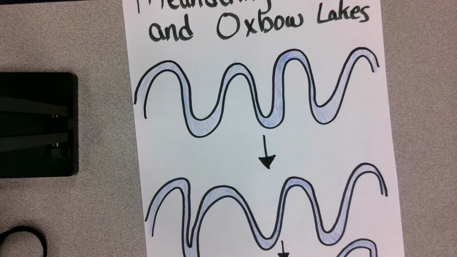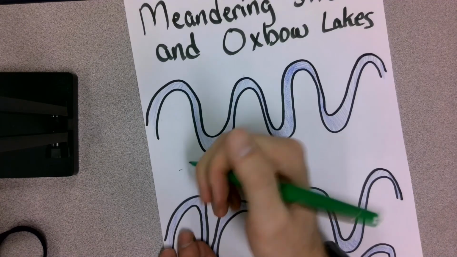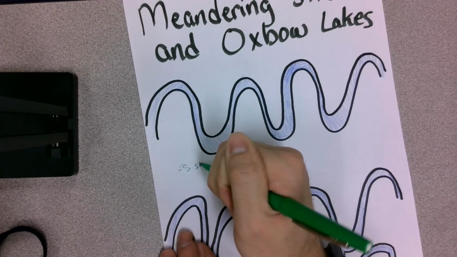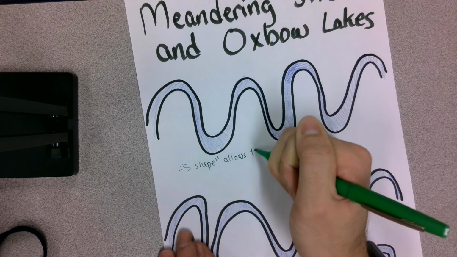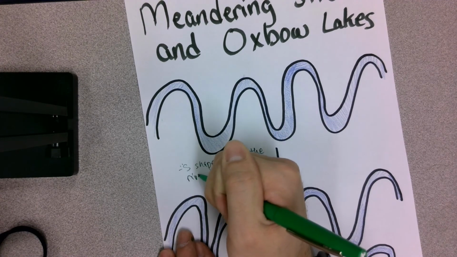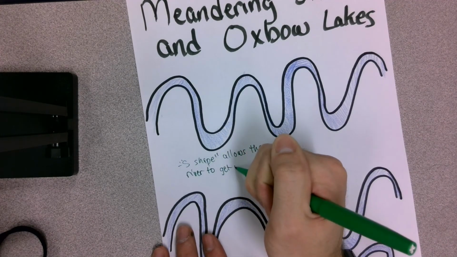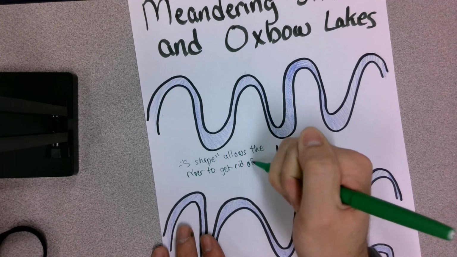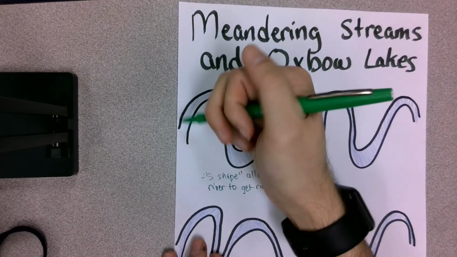So why is it the natural progression of these things for them to flow in these S shapes? One, the S shape allows the river to basically get rid of excess sediment. So it deposits it along the bank.